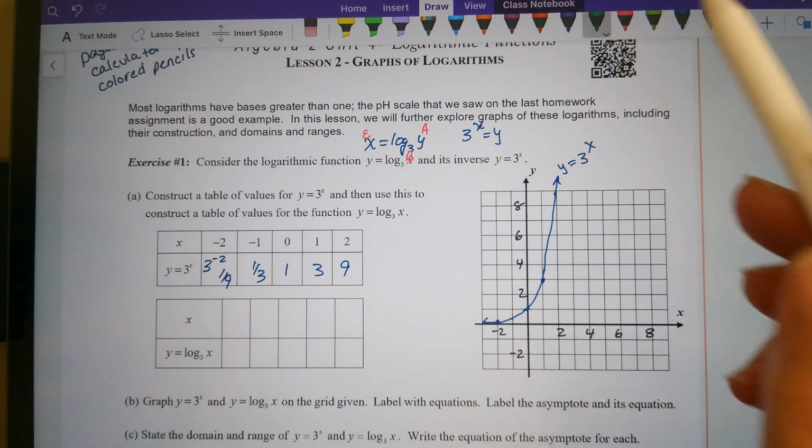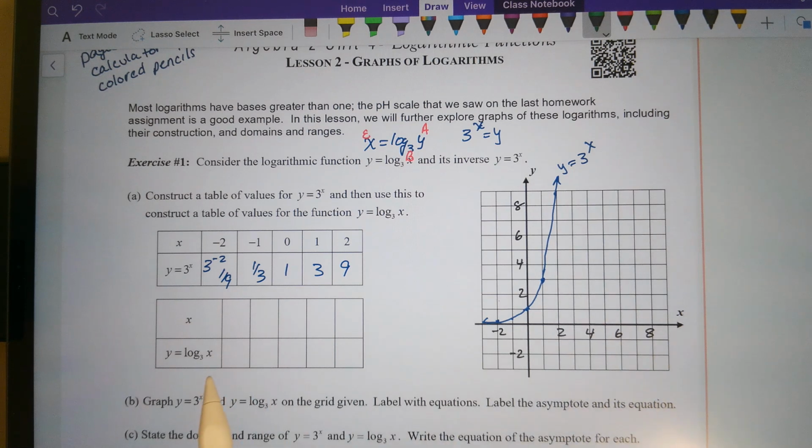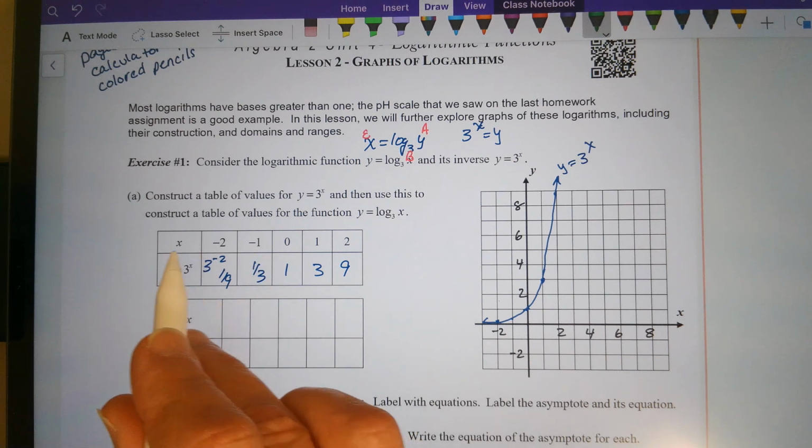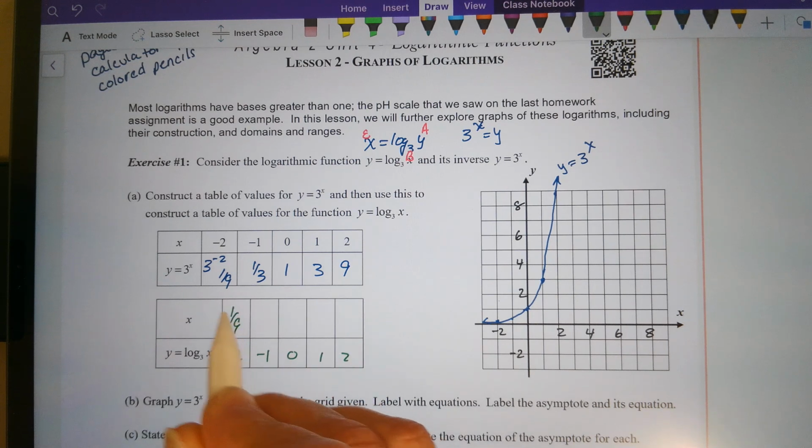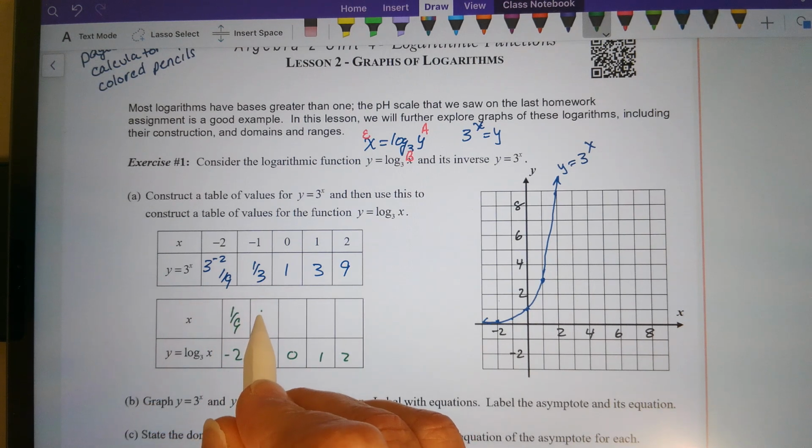Now I'll switch to green. And now its inverse, we simply interchange our domain and range. So our domain here is now our range for our log, and range becomes domain.